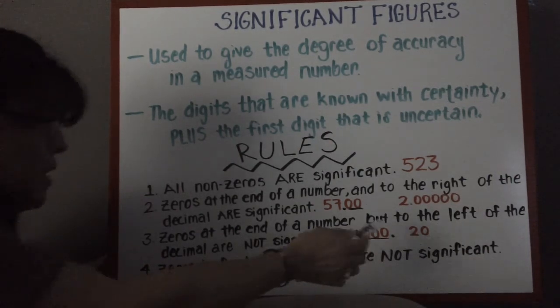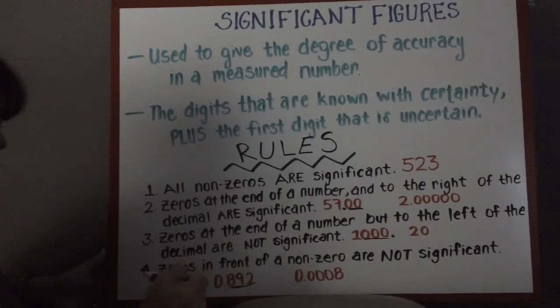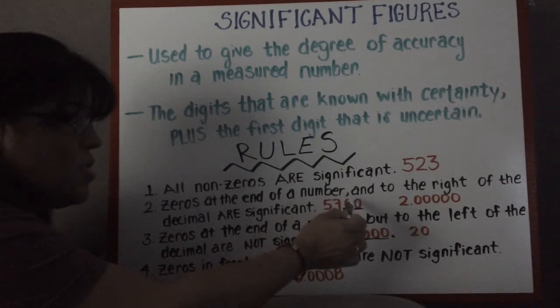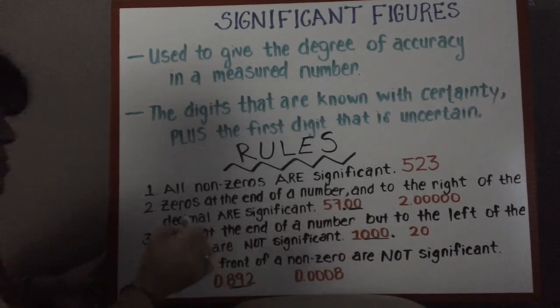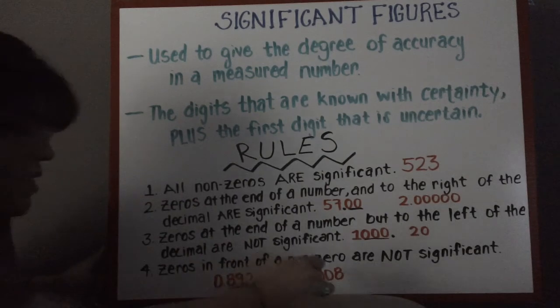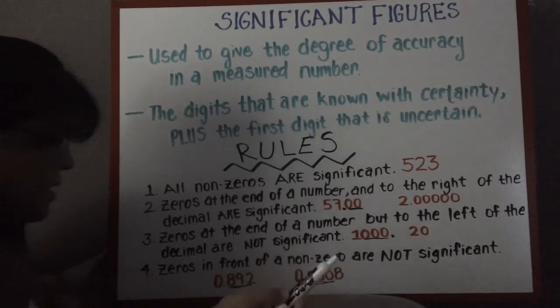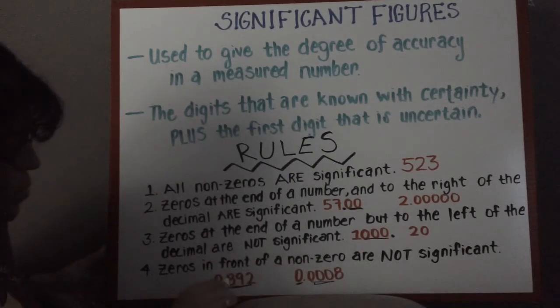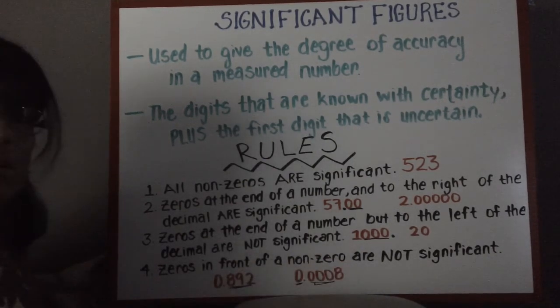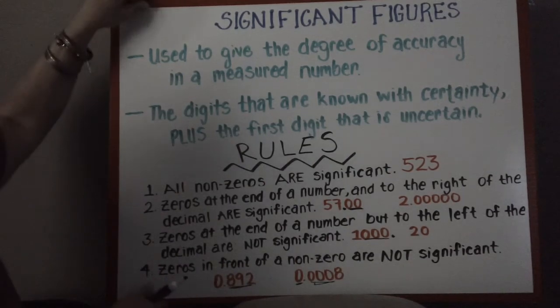The numbers to the left of the decimal are not significant, but here the zeros to the right of the decimal are significant, okay? So these ones are significant and this one is not significant. So in this case, this one has 1, 2, 3 significant digits. This one has 4 significant digits.